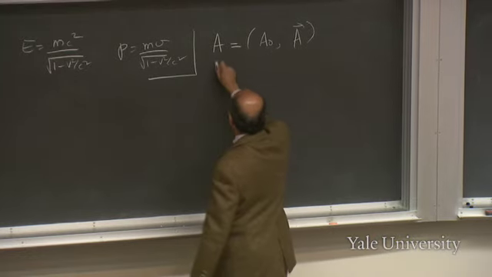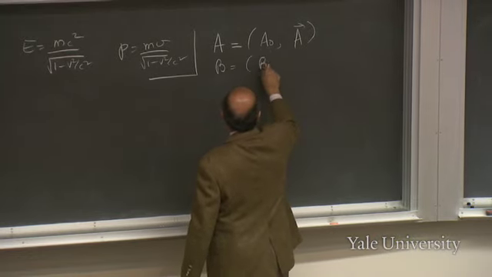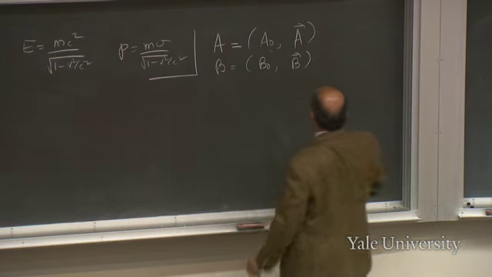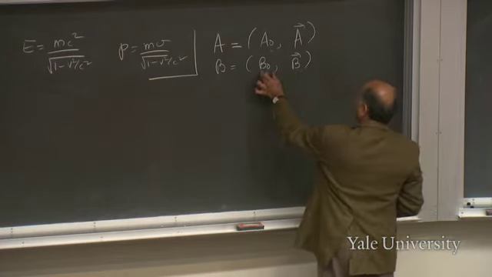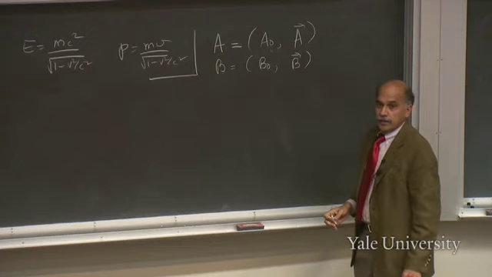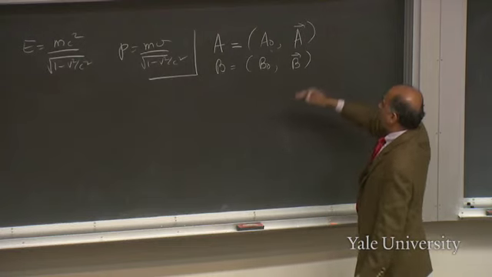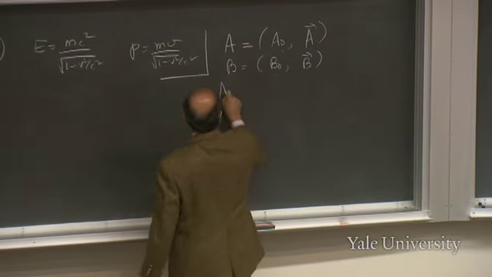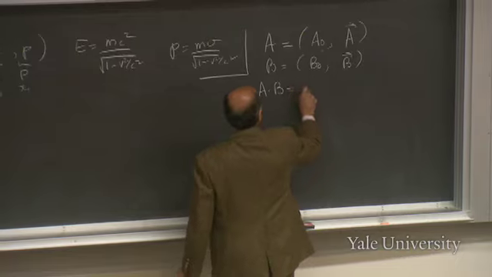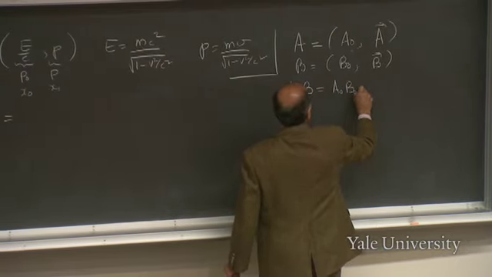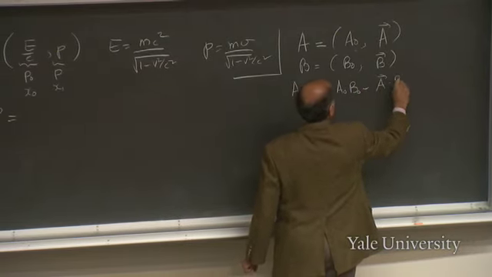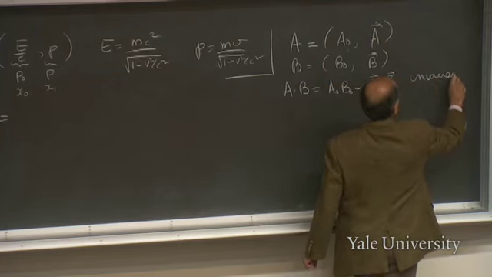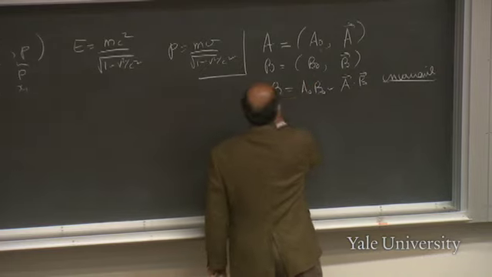And B is another 4 vector. It's got a part that looks like time and another part that looks like an ordinary vector. It's a union of a vector with a scalar. And they will transform under Lorentz transformation just like x naught and t. But the following quantity, a dot b, which is a0 b0 minus the usual dot product of the spatial components, is invariant. That means all people will agree on this quantity.